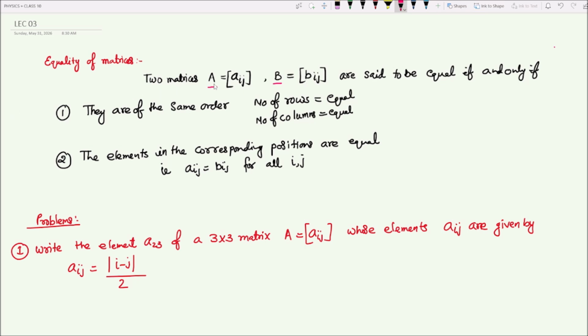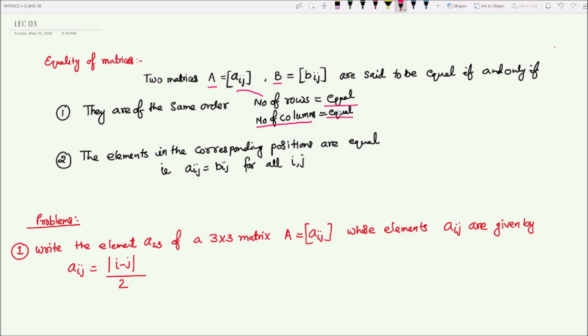So two matrices A and B are said to be equal if and only if, this is the very important condition: number one, they are of the same order. That means the number of rows in both the matrices should be equal, and the number of columns in both the matrices will be equal.